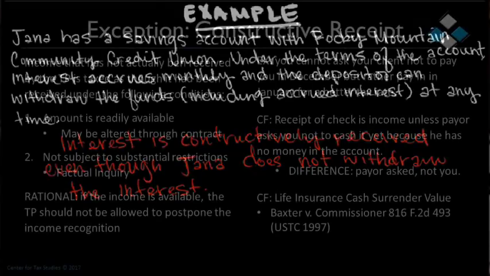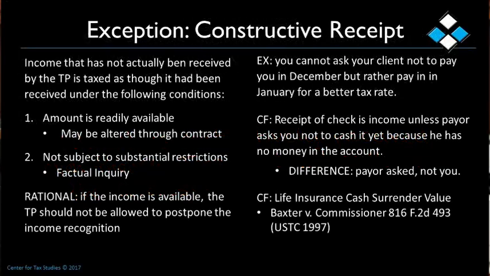On the other hand, this is not the case when it comes to life insurance and the cash surrender value of life insurance. The annual increases in the cash surrender value of a life insurance policy are not taxable income as long as the policy is not surrendered.